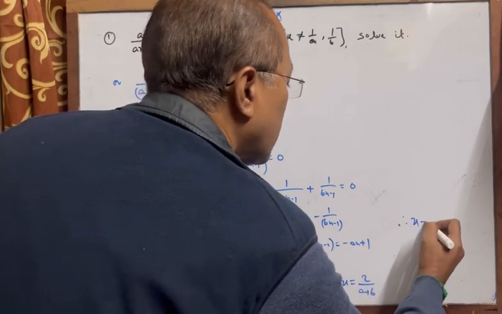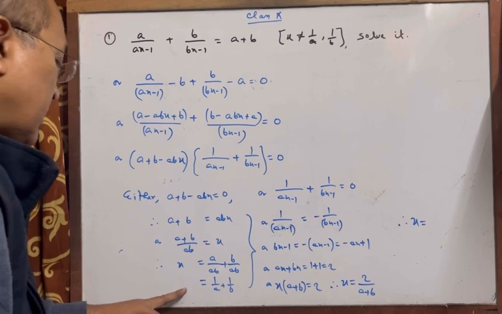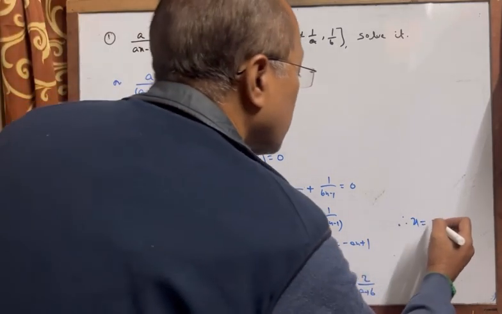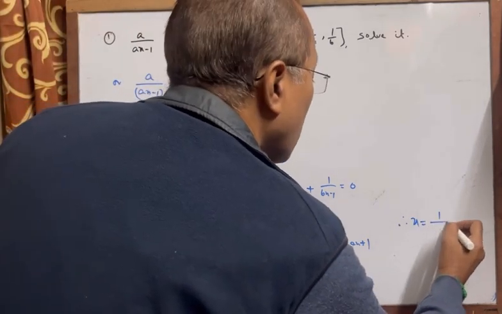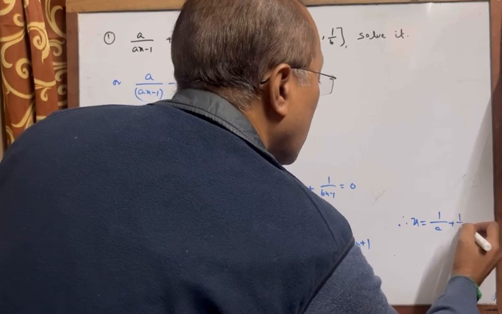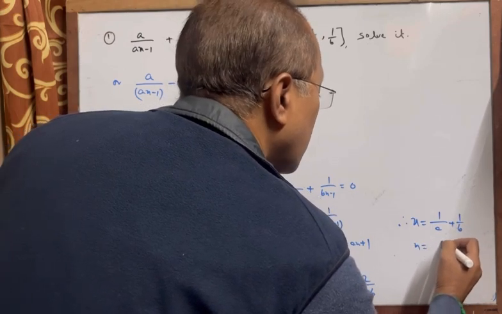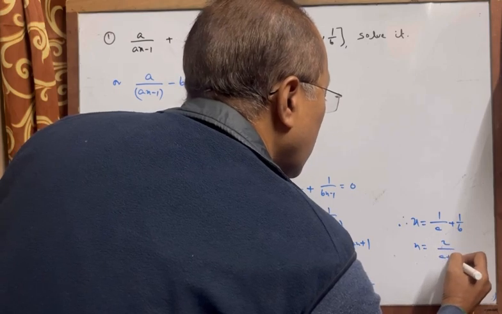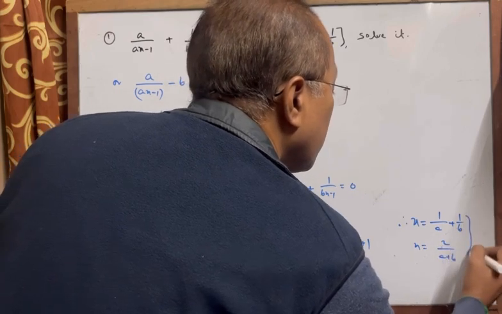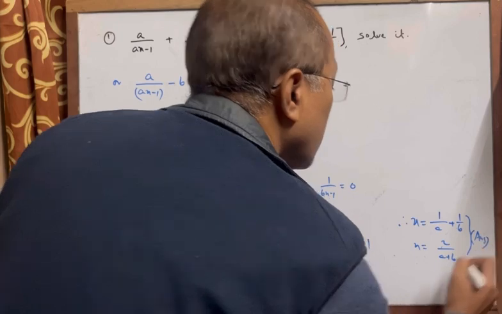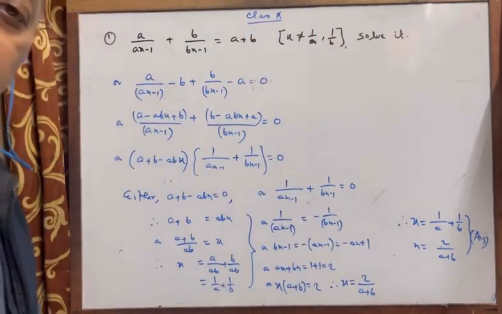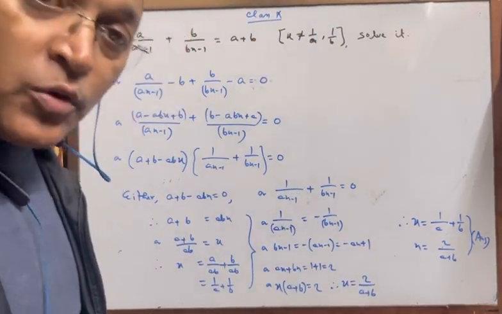Therefore the answer is x is equal to 1 by a plus 1 by b, and again x is equal to 2 by (a plus b). So in the quadratic equation we have found two answers.